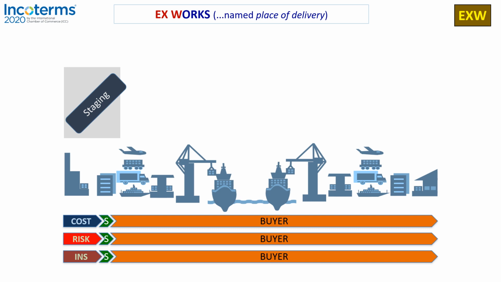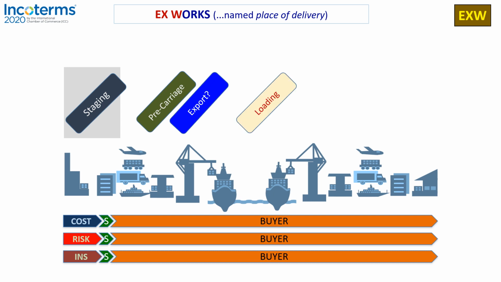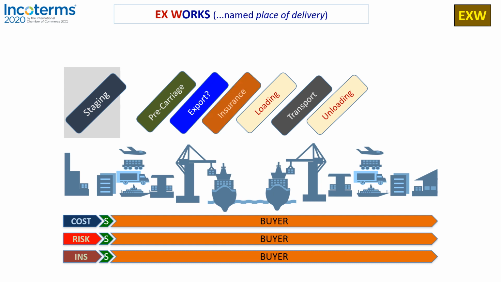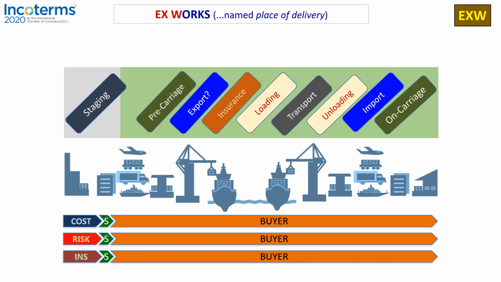In effect, the responsibility of the seller is only to keep the cargo ready, and everything else which happens, from export clearance, then the pre-carriage from the warehouse to the main carriage, loading onto the main carriage, the main transport, offloading from the main carriage, insurance for the cargo, import clearance at the destination, and then on-carriage from the port or airport or wherever it is, after ending the main carriage, is also the responsibility of the buyer, right?